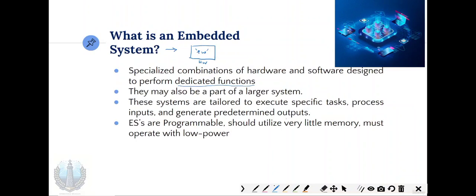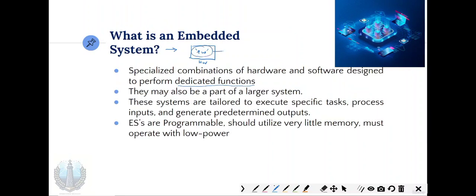This embedded system also can be part of a larger system, and these systems are usually tailored to execute a specific task based on some process inputs, and it also generates some pre-programmed and predetermined outputs. And these embedded systems are completely driven with the software, as I told.